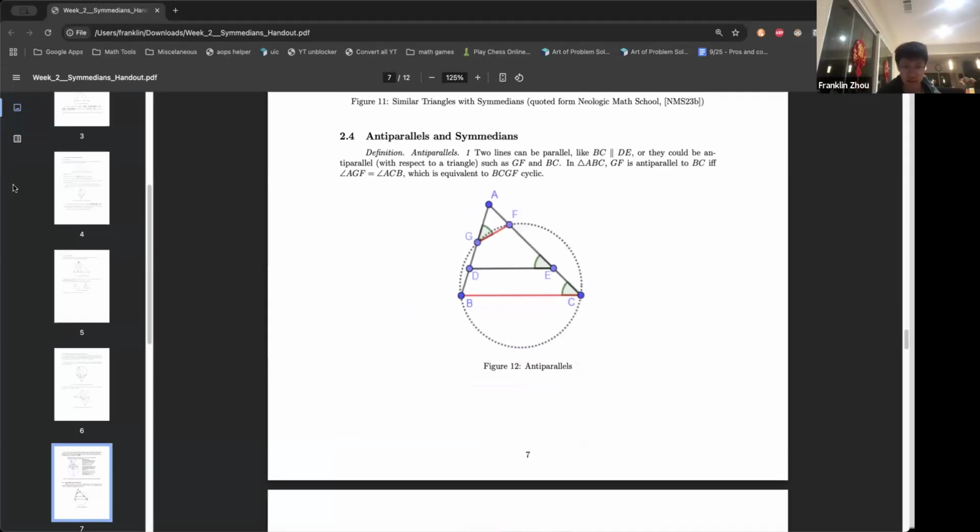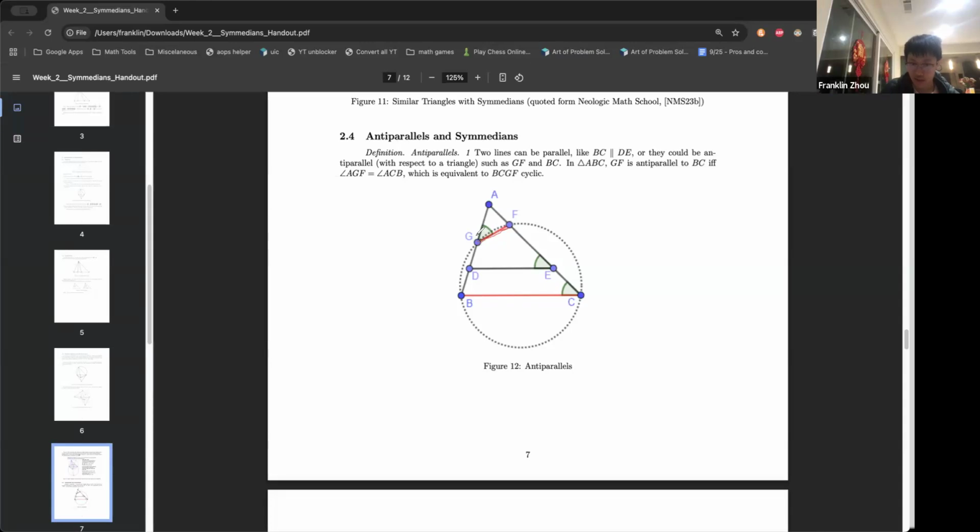Okay, so now we'll be discussing antiparallels and how they relate to Symmedians. So remember when we mentioned the quote unquote second most used way of expressing a Symmedian, and that involved antiparallels. To refresh your memory, an antiparallel to a triangle ABC is a segment that passes through, in this case, AB and AC.